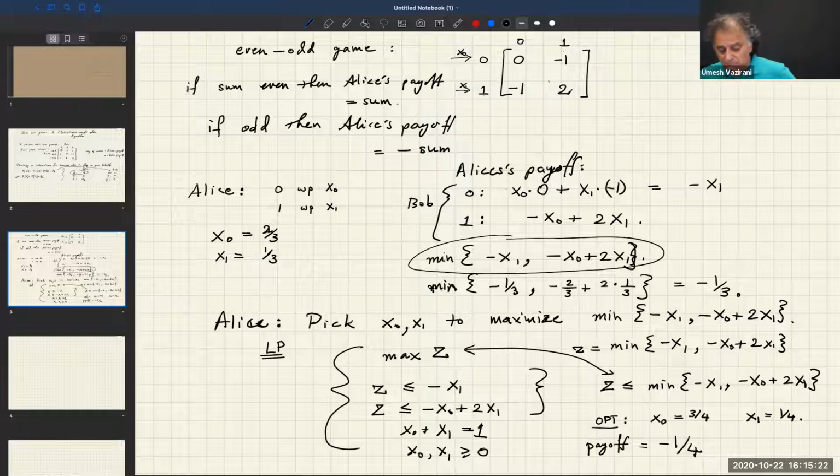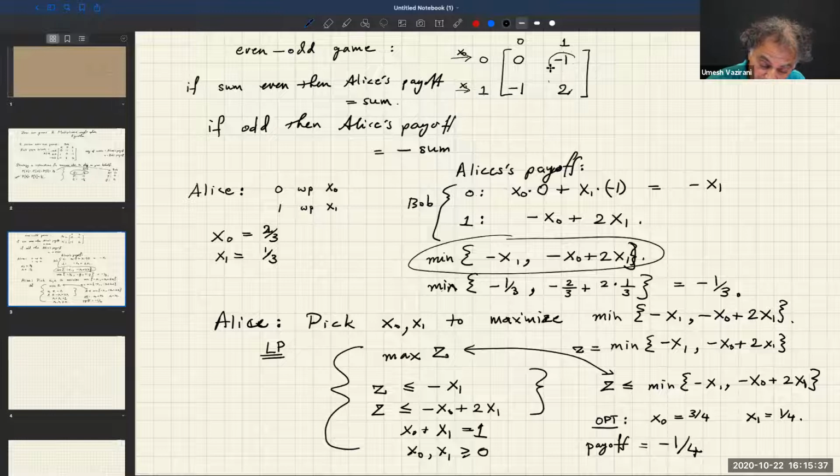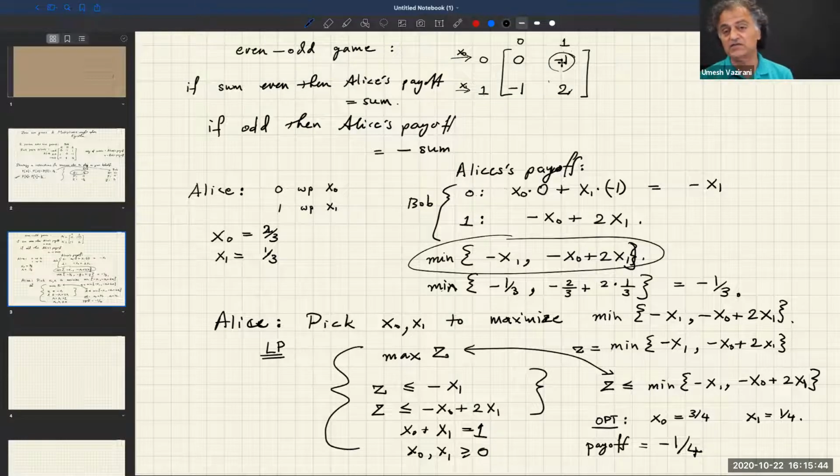Yeah, so look, it's sort of simple. At the end of the day, when you play, Alice has made a move, Bob has made a move, and then the payoff is exactly whichever matrix entry corresponds to those moves. So if Alice made the move 0, Bob made the move 1, the entry tells you what Alice won. She won -1, meaning she lost. She loses 1, Bob wins 1.